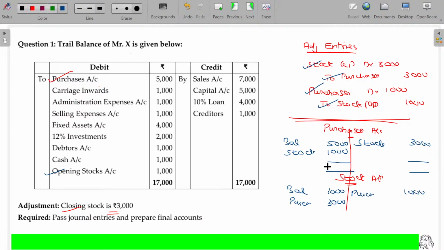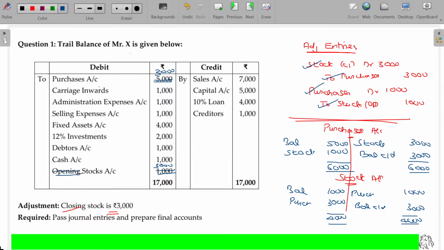After this, you have the balance of the purchases account being 3000. This balance carried on will come here, 3000. Hope now you'll be able to understand how this gets changed. And on tallying the stock account, you get the balance of rupees 3000, balance carried on. So this becomes 3000.